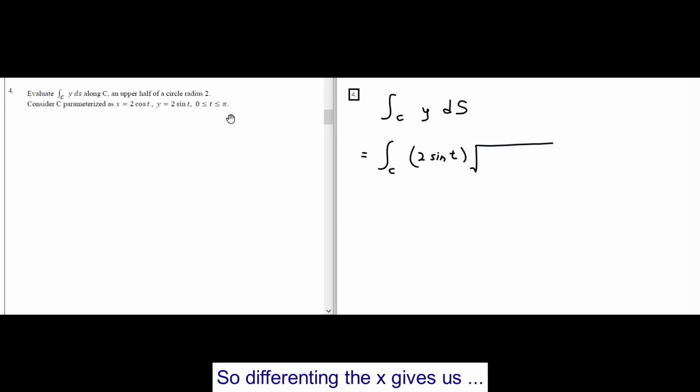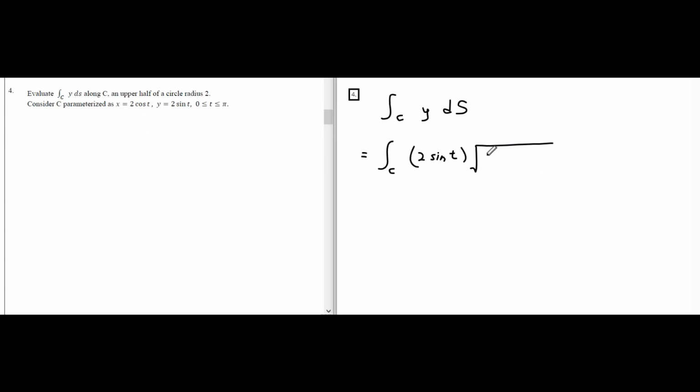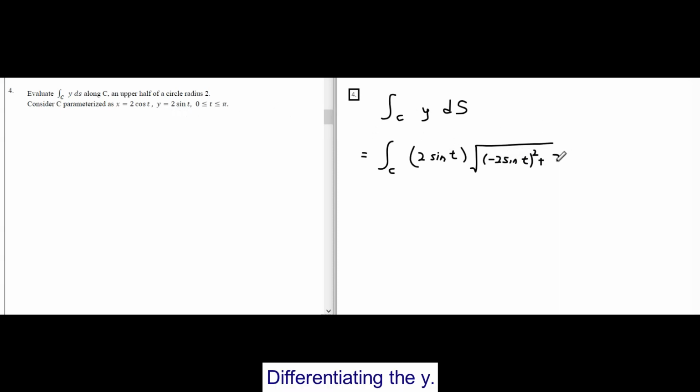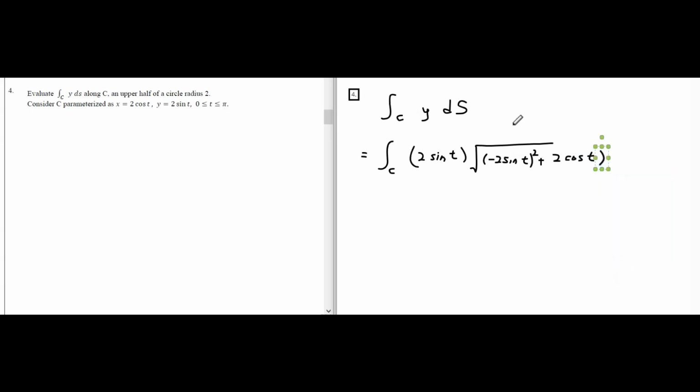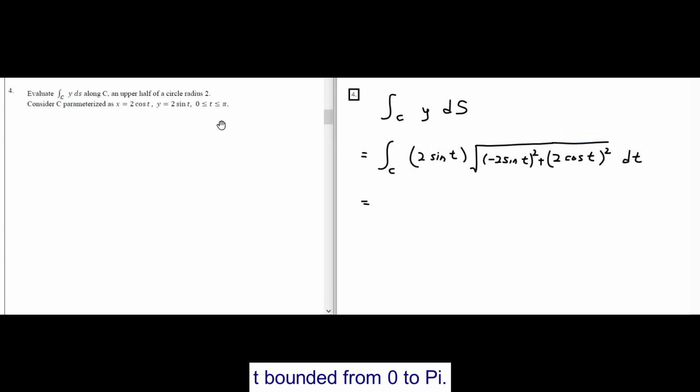Differentiating the x gives us this, and differentiating the y. t is bounded from 0 to pi, so we can replace this.